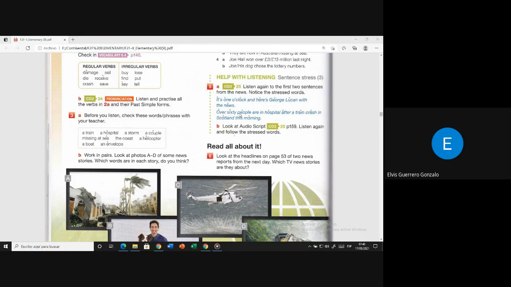Over 60 people, hospital, after train crash, Scotland, this morning. This is the emphasis we put in some words. We put this emphasis in the words we consider important. Listen again, one more time.